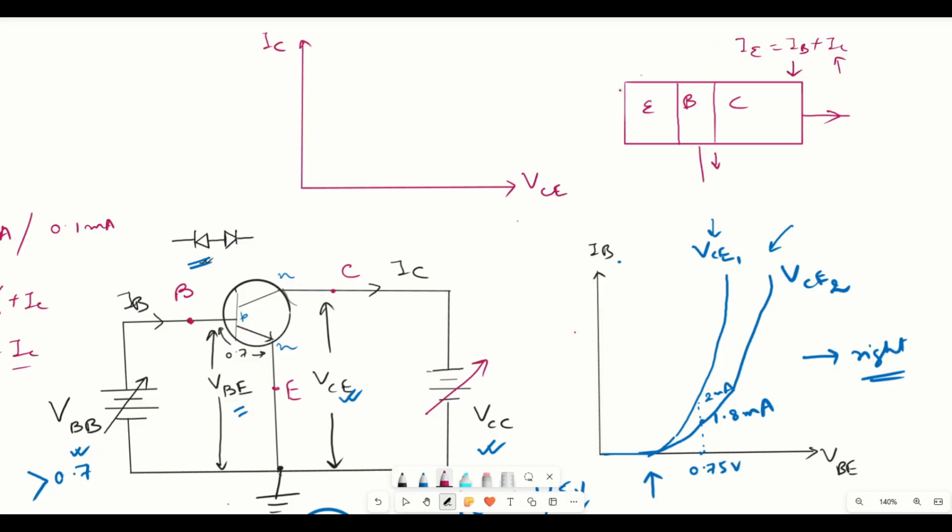But after a particular period of time, what will happen? It will not increase to a higher extent, because as we consider, we have 10,000 electrons here. So if IB is at a value of suppose 50 microampere, right? That means it is allowing a particular values of electrons. So let us consider suppose it is sending 2000 electrons. So this 2000 electrons will go to the collector and their movement will depend on this positive polarity.